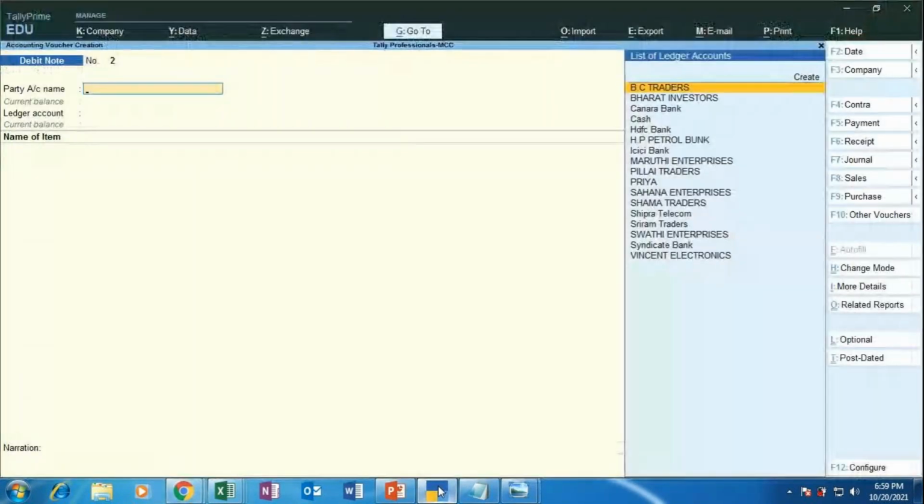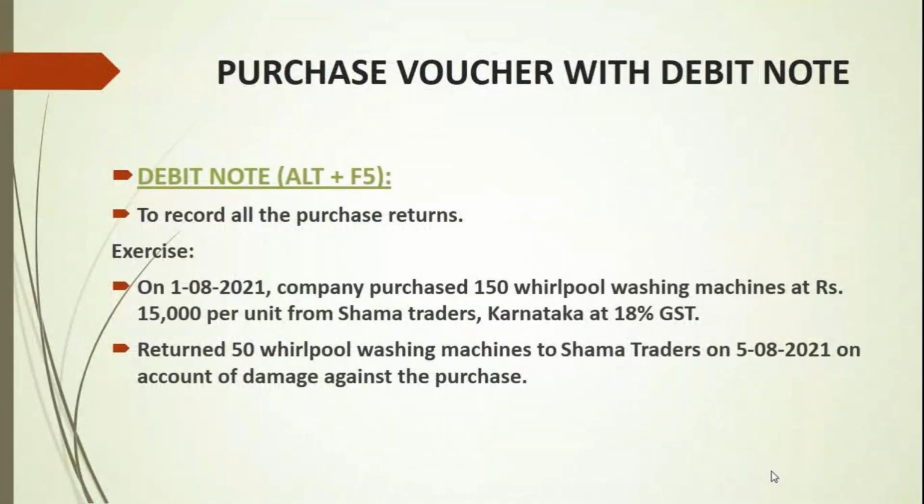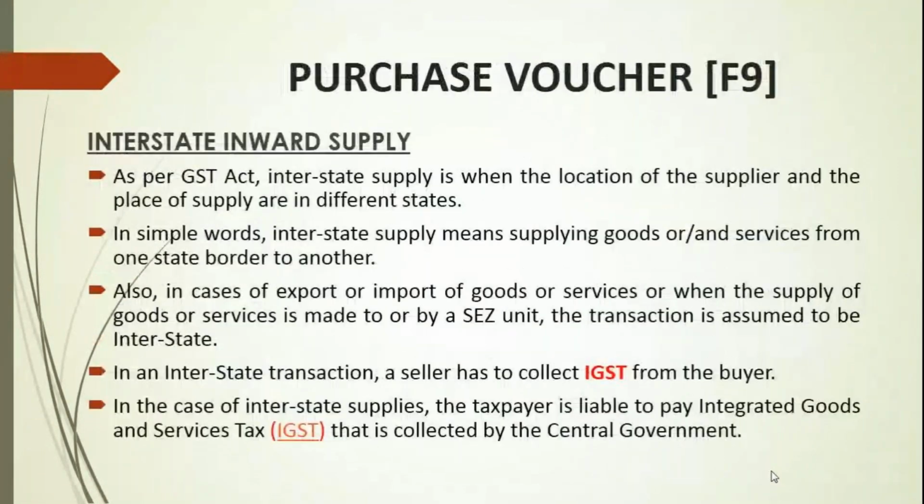So what is the next entry? The next set of discussions we go for is sales. So far we have discussed purchases, both interstate and intrastate supply.